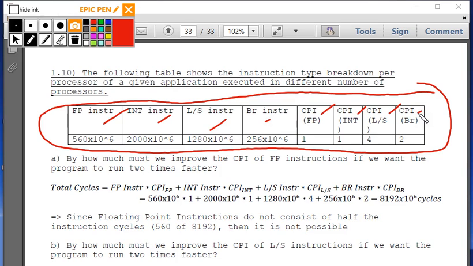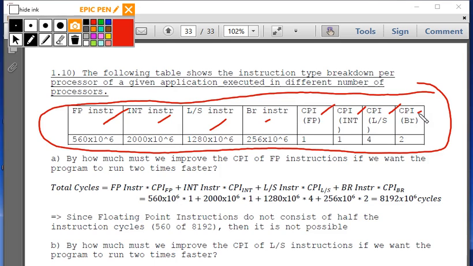So part A. This is a good application of Amdahl's law. I am an engineer. I am your boss. I am the boss from Dilbert, right? And I said, I need this computer to work.